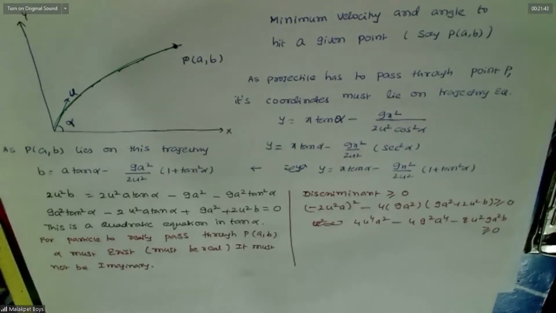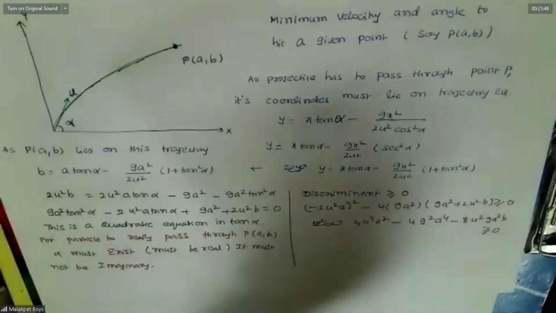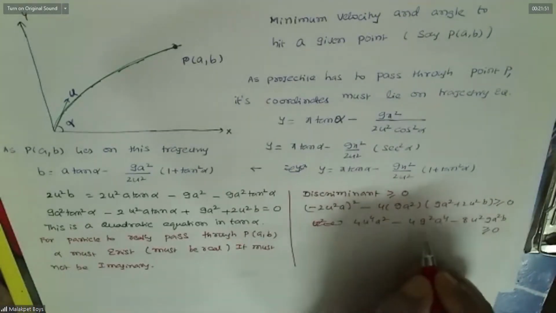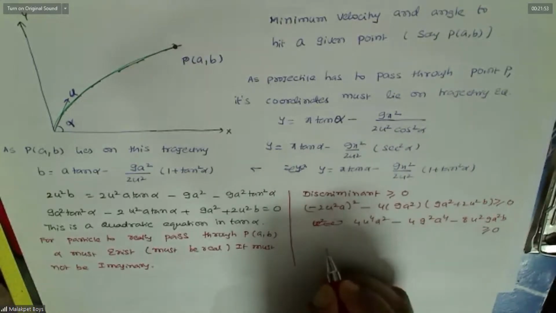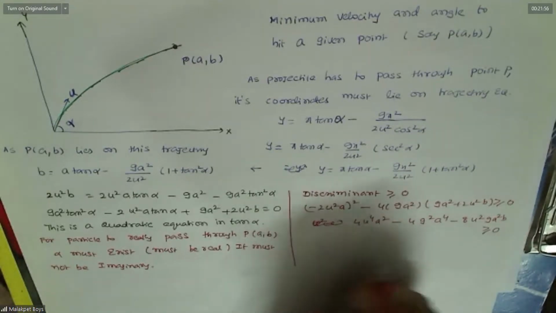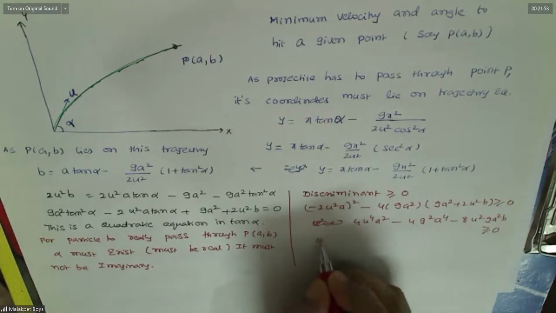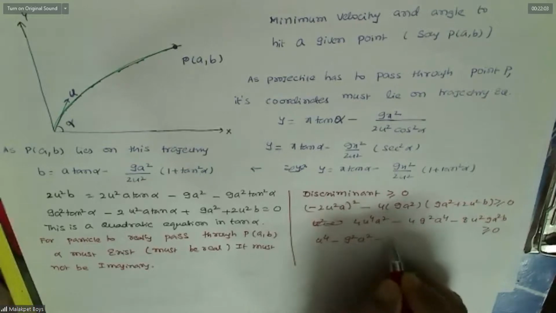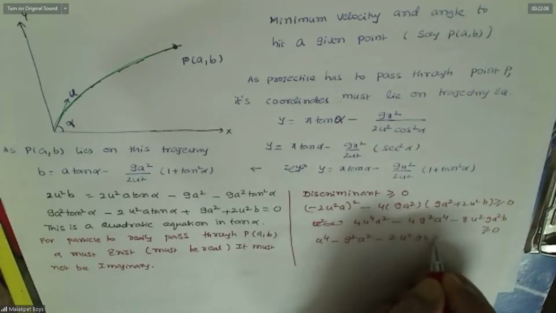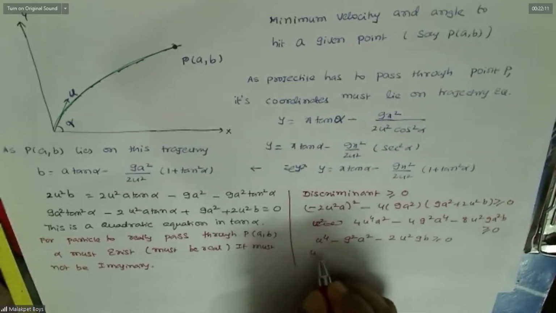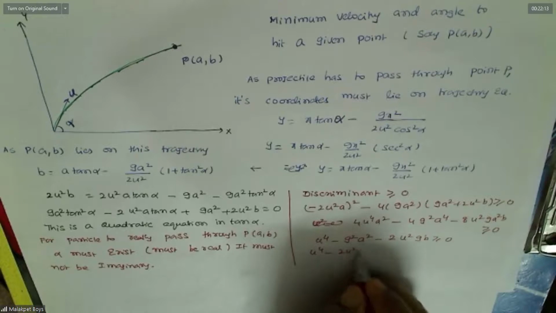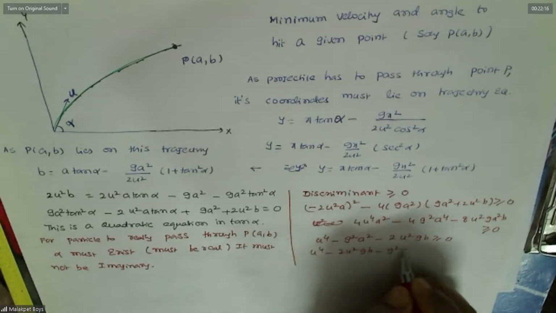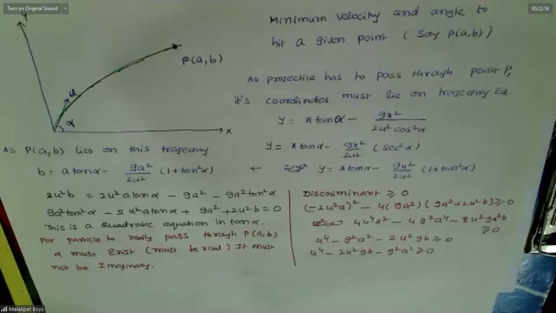Yes, sir. Any cancellations? If you cancel 4a square, you get g square a square minus 2 u square g b greater than or equal to 0. Agreed? Any doubt till here?